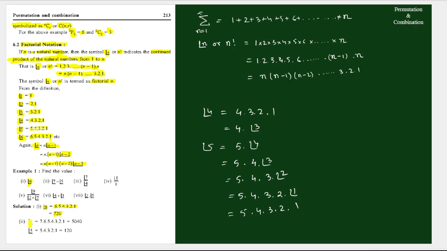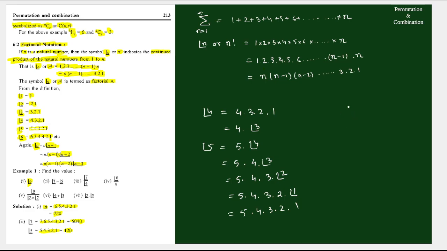Next, factorial 7 minus factorial 5. So what is factorial 7? Write it and multiply, and factorial 5 means 120, so 5040 minus 120. Or you can also do it like this.